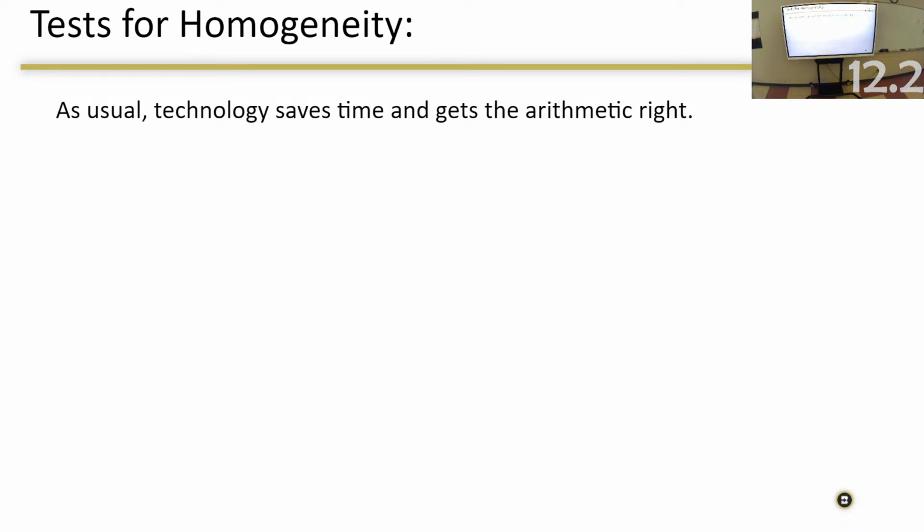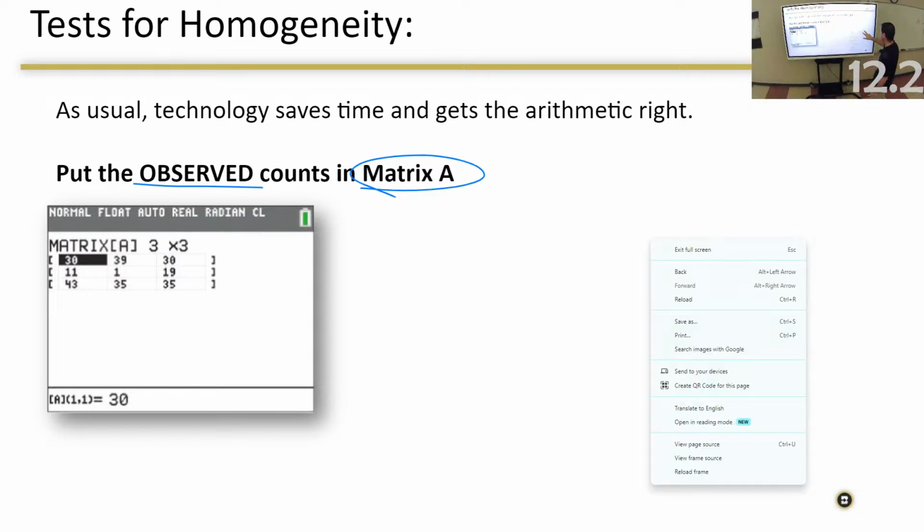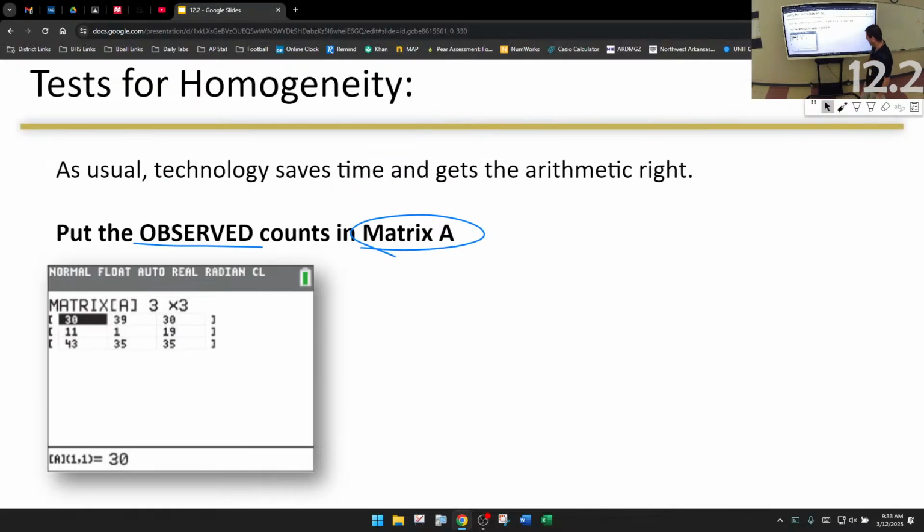As usual, technology saves time and gets the arithmetic right. So this is how you're going to do these in your calculator, guys. You're going to put the observed counts in a matrix. Let me show you how to do that, because I don't think we do matrices in any class.